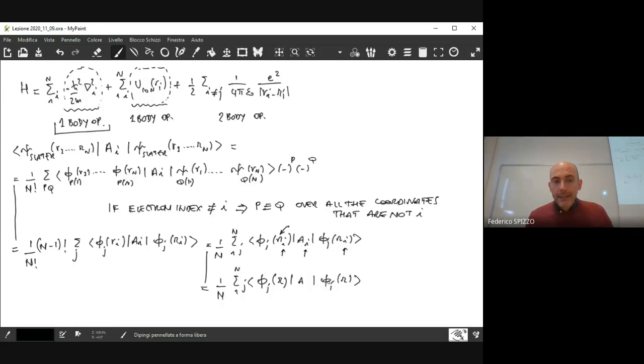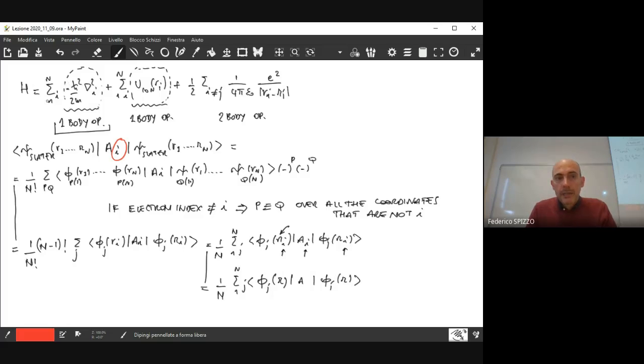Then this is the result that corresponds just to one of the coordinates, because at the beginning I choose just one coordinate among all the possible coordinates of the electrons. So this is the result that corresponds to just one coordinate. But when I make the summation over all possible coordinates, what does it give us as a result?